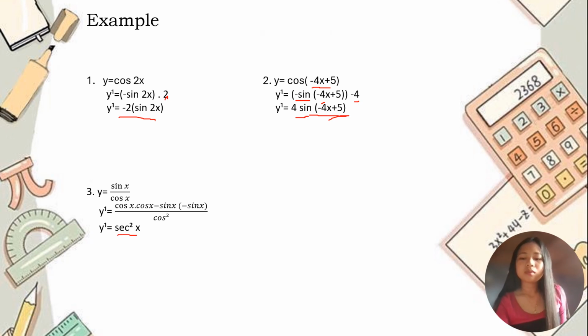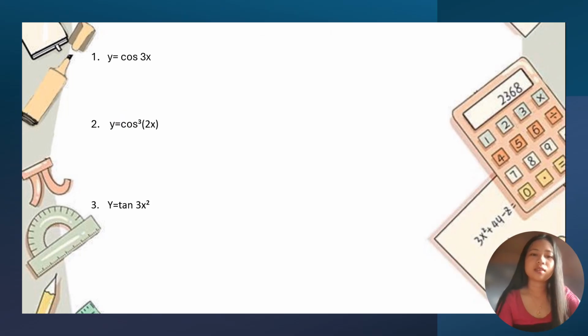Let's proceed to another example. First we have y is equal to cosine 3x.